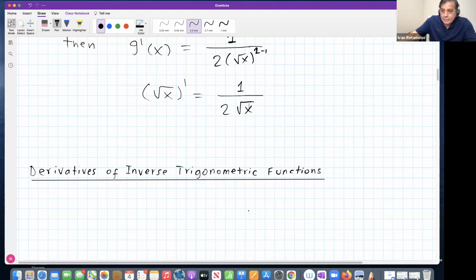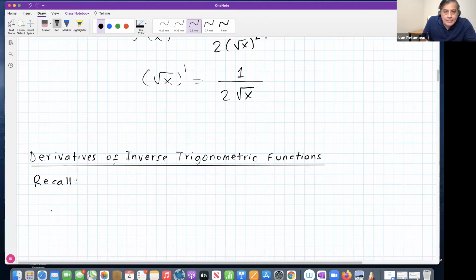Now, we are going to recall what an inverse trigonometric function is so we avoid confusion. Remember, sine of pi over 6, which converted to degrees is 30 degrees, is equal to 1/2.